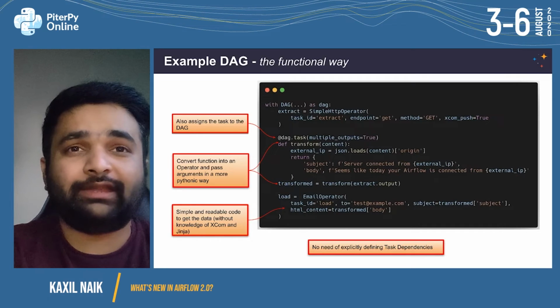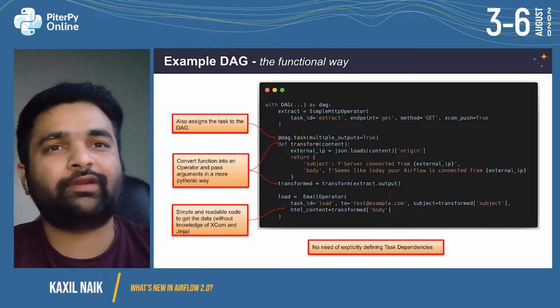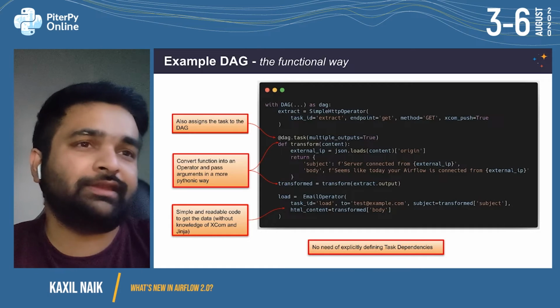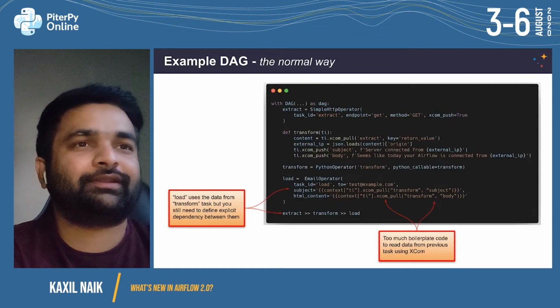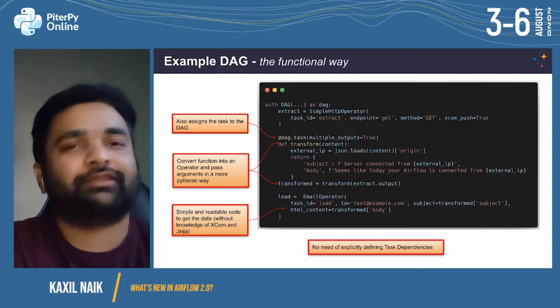And you no longer need to explicitly define task dependencies. If you consume a value from a task, a dependency is implicitly set. Like here you can't see those bit shift operators that say extract, transform, and load, because that is done under the hood for you.